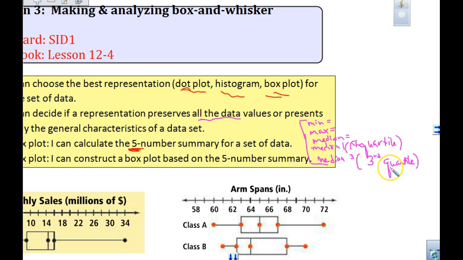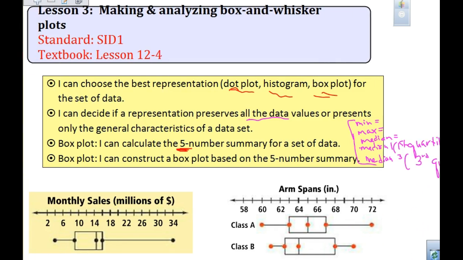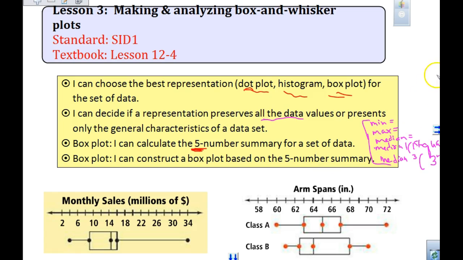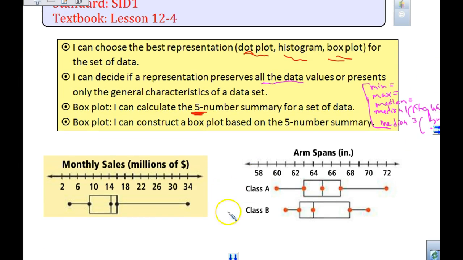And I want you to look at these. These are some examples of a box and whisker plot, okay? The 5-number summary. This number right here, please put down as our minimum. This number is called our quartile 1. So when I said that the first median is the first quartile, this is our exact median.